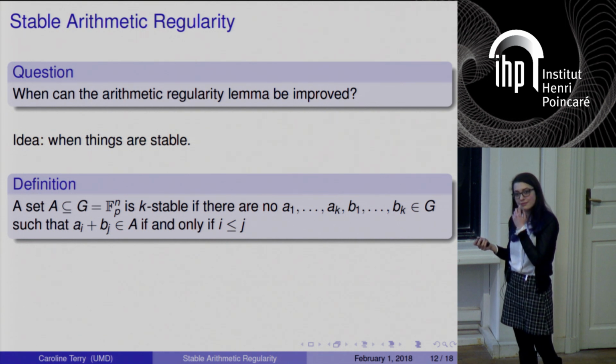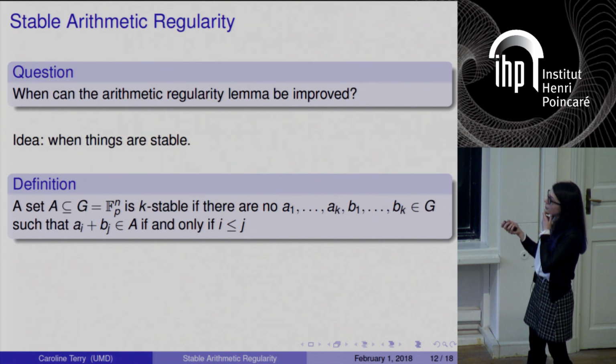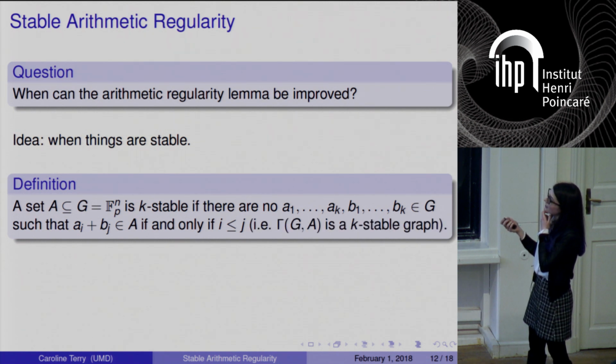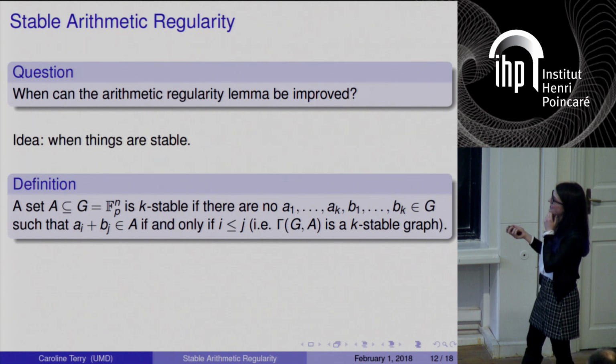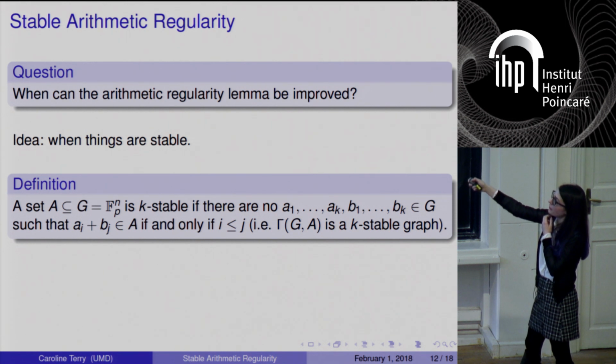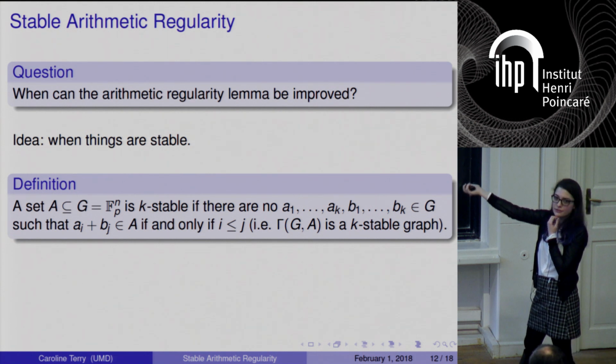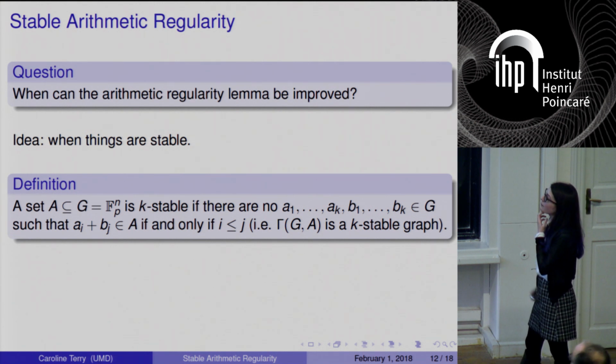Isn't that just stability? Yeah. This is equivalent to just saying that the Cayley graph is k-stable. In the context of that reformulation of the arithmetic regularity lemma in terms of graph regularity for this graph, it becomes rather clear that this is the notion of stability one should use.